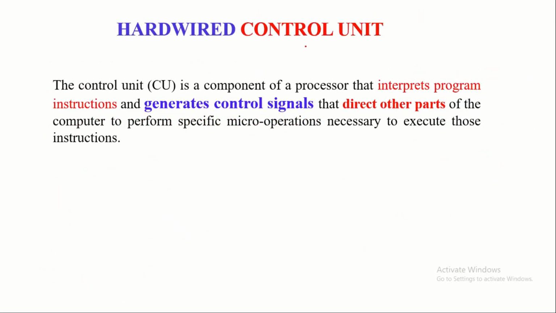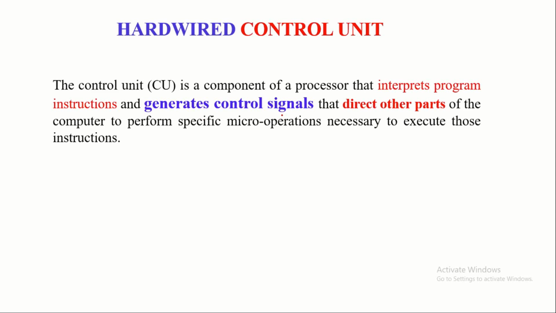Let us now discuss the control unit of a computer. The control unit is one of the important components of a processor that interprets program instructions and generates control signals in order to direct other parts of the computer to perform specific micro operations required to execute those instructions.